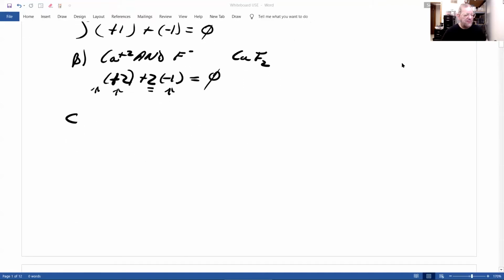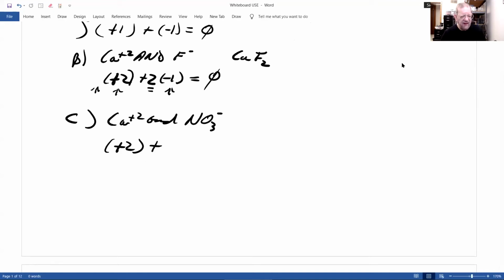All right. Let's do calcium +2 and nitrate -1, NO3. I'll do this one. This is a +2 charge for the calcium, and the nitrate polyatomic ion is a -1. Does this add up to 0? And the answer is no. I can't change the charge, but I can change how many. If I have 2 nitrates, then this is what it would be.